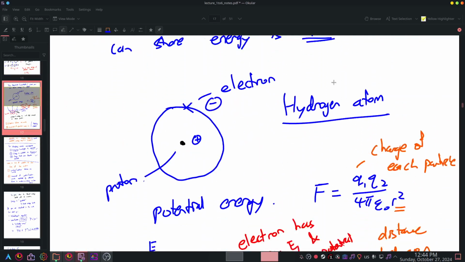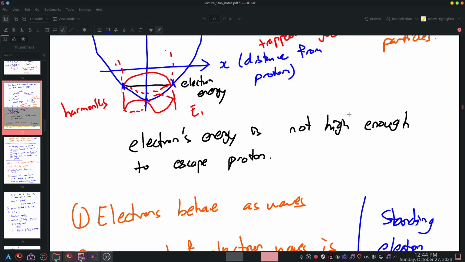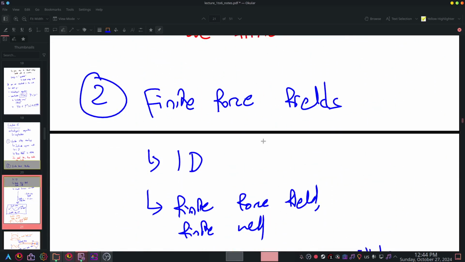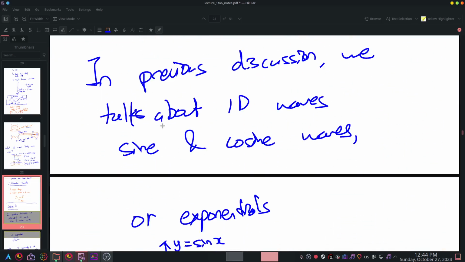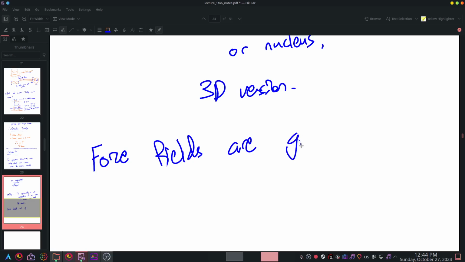The shape of the force field is determined by the electric force, Q1 Q2 over 4 pi epsilon r squared. There's some constant multiplied by the charges, but the r squared itself hints that it's a circular or spherical shape. Force fields are spherical in nature.